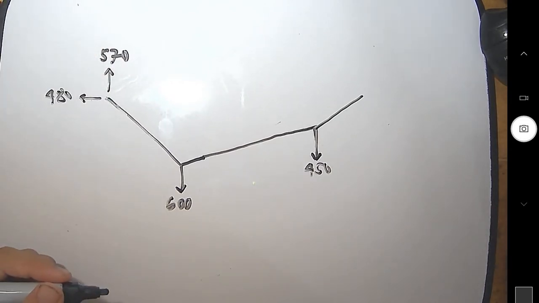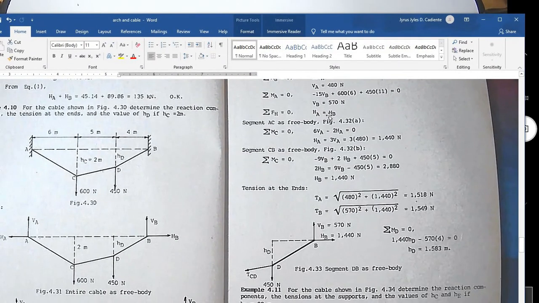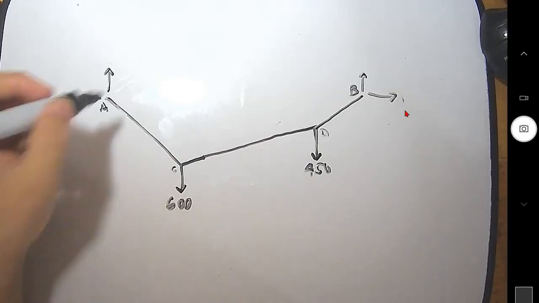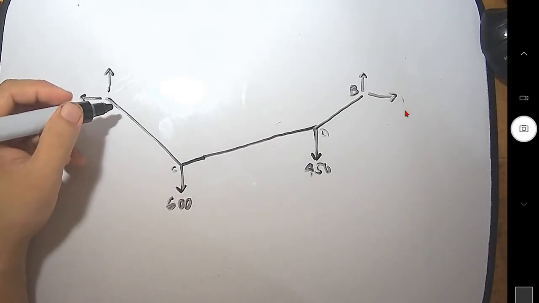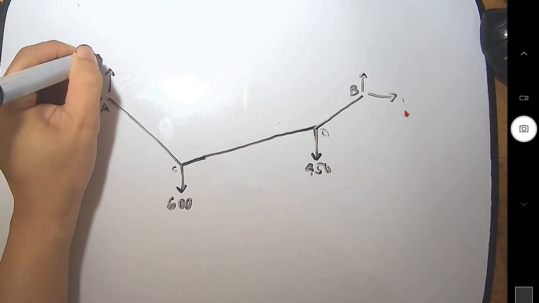Okay? Ito yun, no? HA tsaka V sub A. Tapos, sa B naman, we have 1440 tsaka 570.